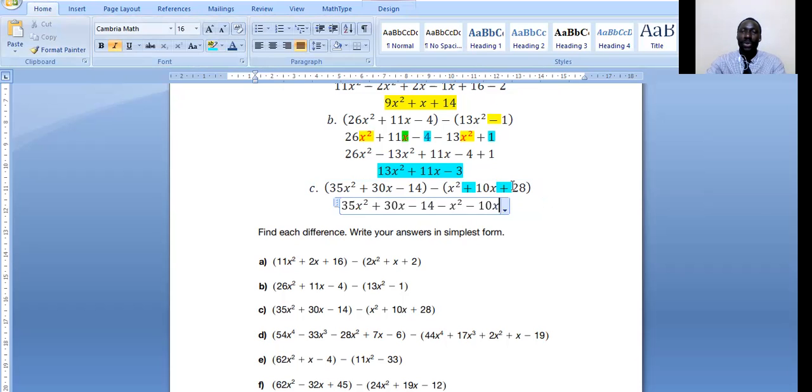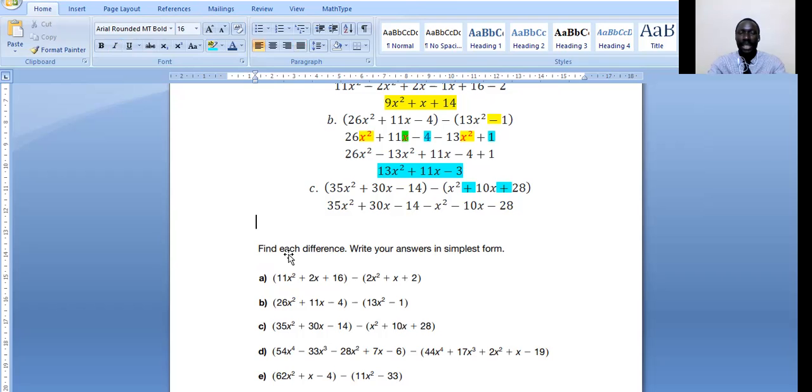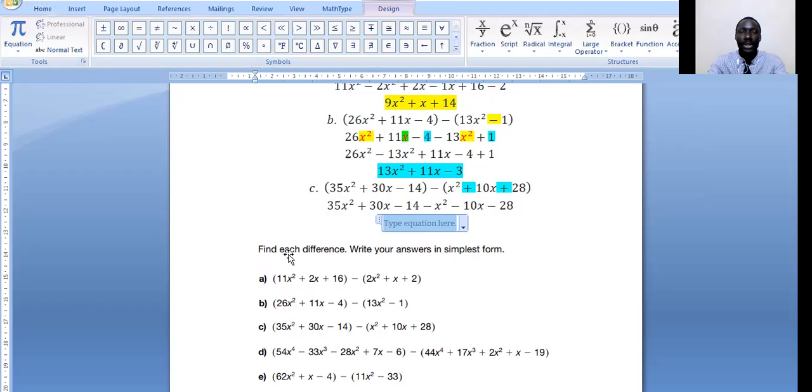Then we also have a plus here, so we have to multiply this negative times this other positive so that we get negative 28. Notice that a negative value times a positive value gives a negative value. Now that we have opened the bracket, the next thing we want to do is to collect like terms.